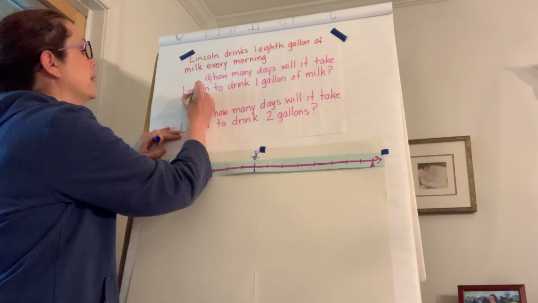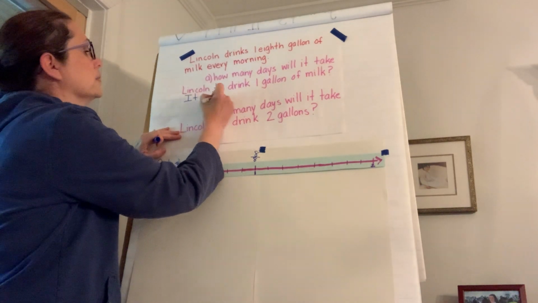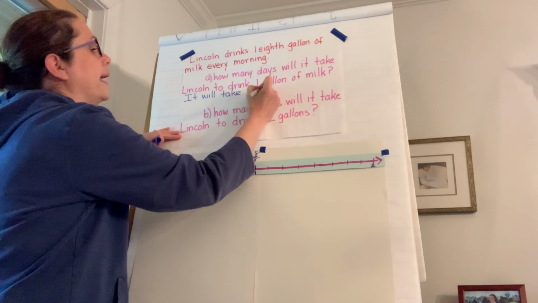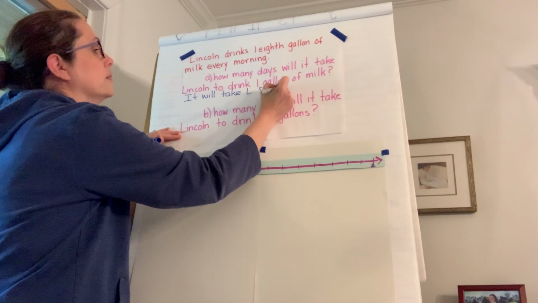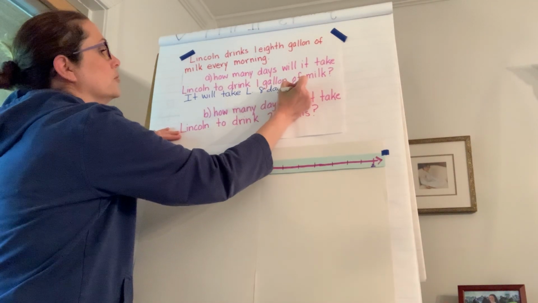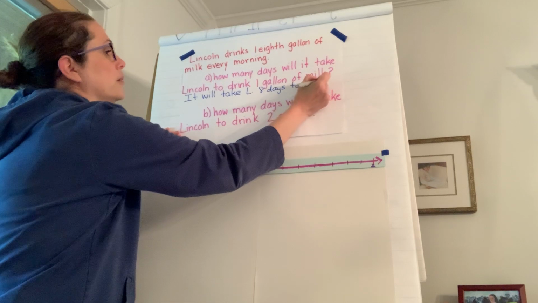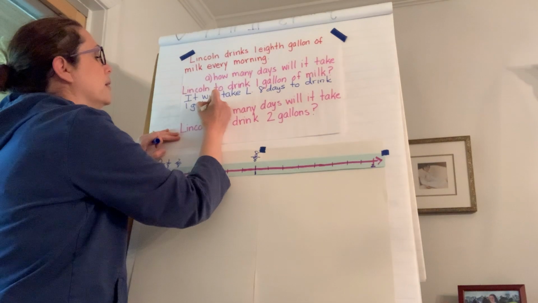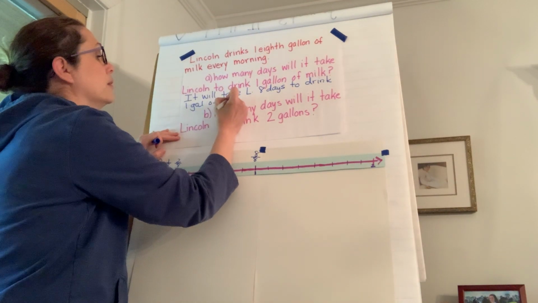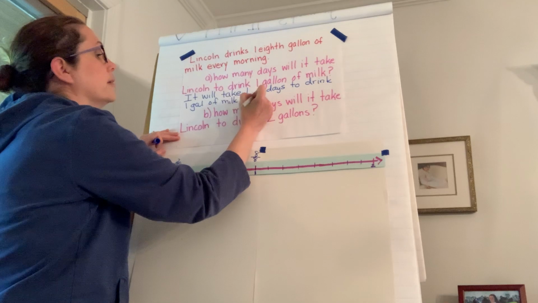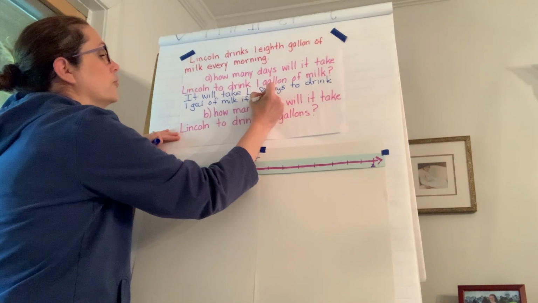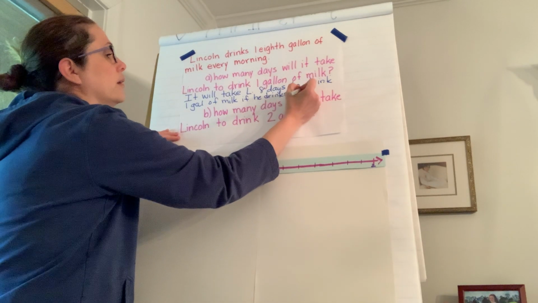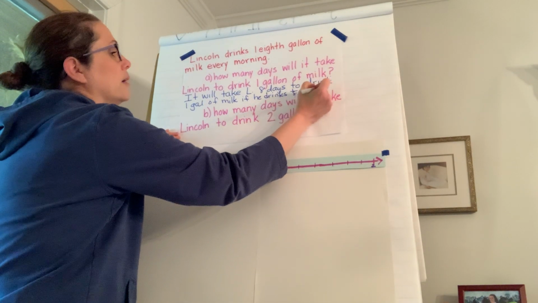And you would write, it will take, I'm just going to write L, 8 days to drink 1 gallon of milk if he drinks 1/8 of a gallon a day.